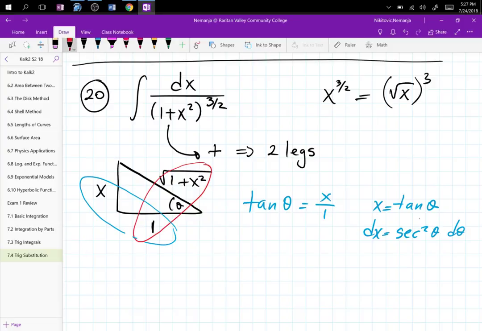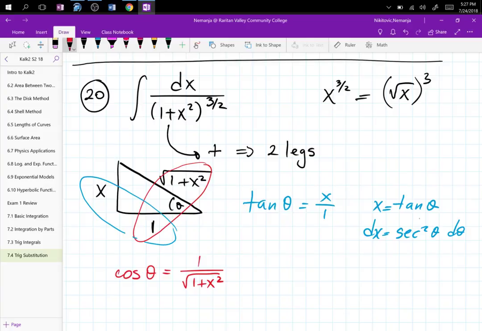Now the red equation. Red equation is a cosine, right? It's a cosine equation. I have that the cosine of theta is equal to 1 over square root of 1 plus x squared.